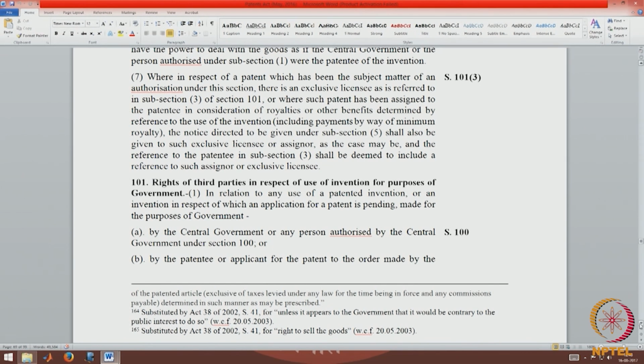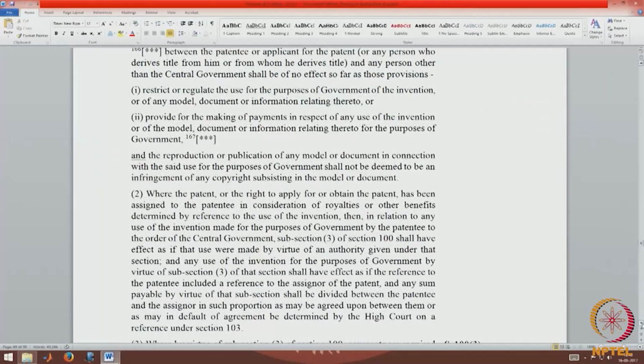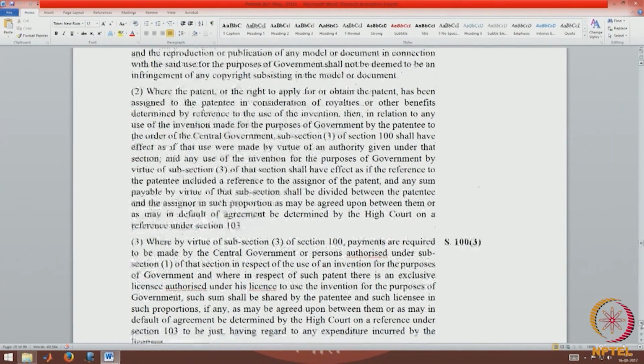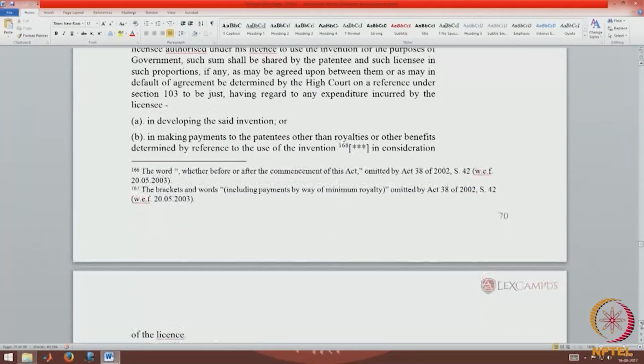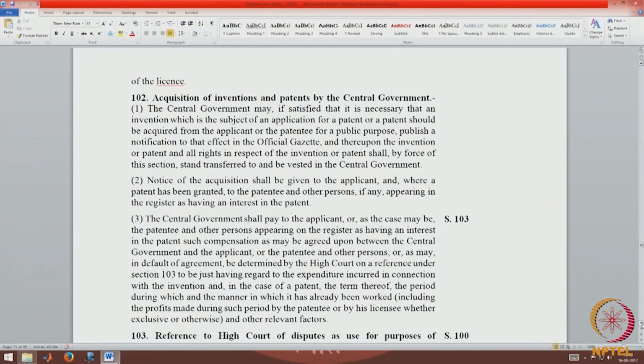Now, what are the rights of a third party when the government uses the invention? Now, as I mentioned, there are ways in which the government can compensate by paying an amount to the people who have an interest in the invention. 102 talks about acquisition of invention and patents by the central government, and this is again a provision where the government wants to acquire the invention or the patent, not just use it.